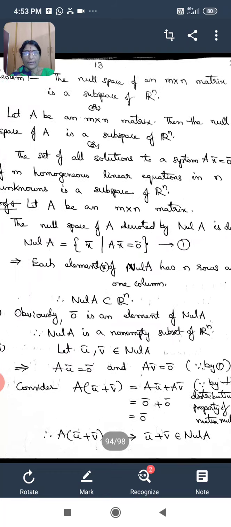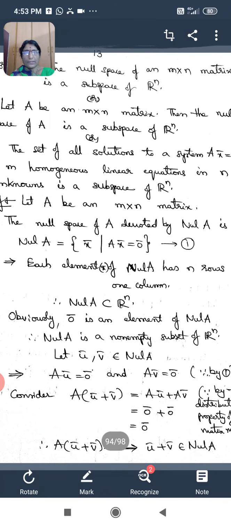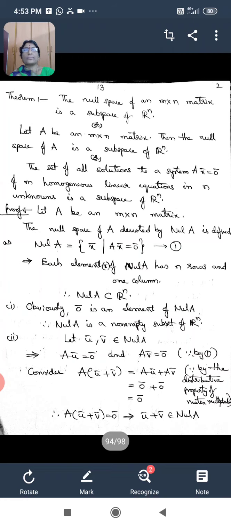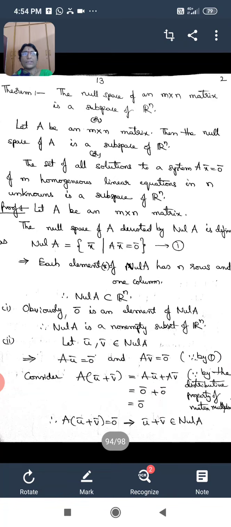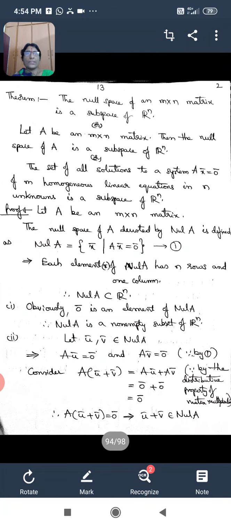So the first way of the statement is the null space of an m by n matrix is a subspace of Rn, or let A be an m by n matrix, then the null space of A is a subspace of Rn. Another way of telling the statement is that the set of all solutions to a system Ax bar equal to 0 bar of m homogeneous linear equations in n unknowns is a subspace of Rn.